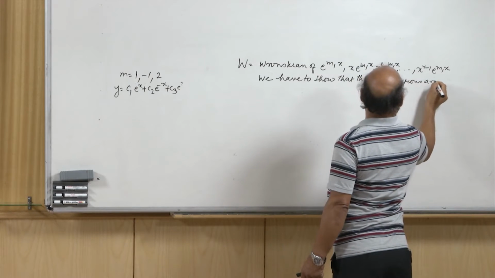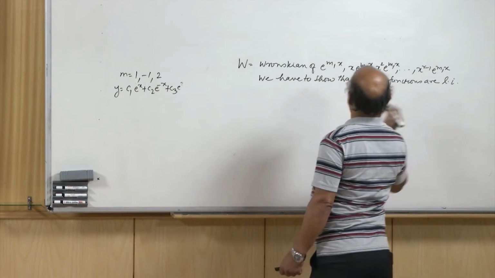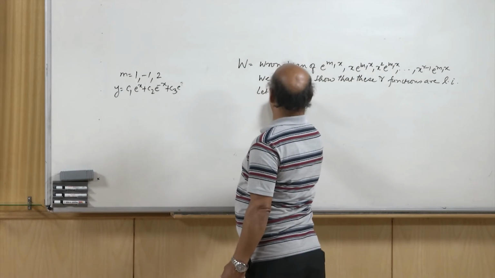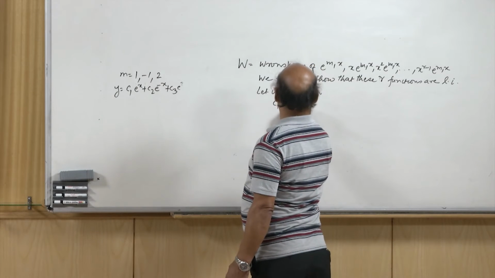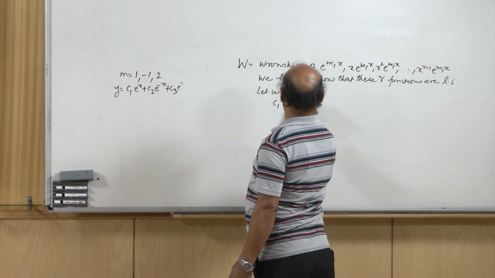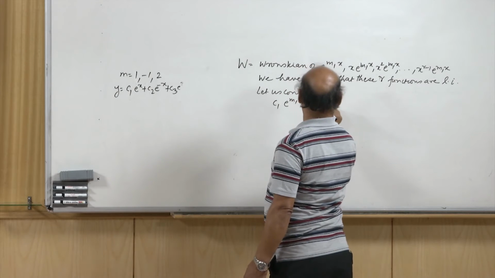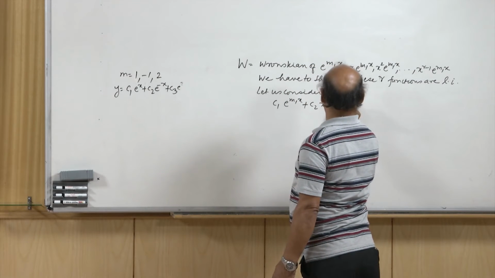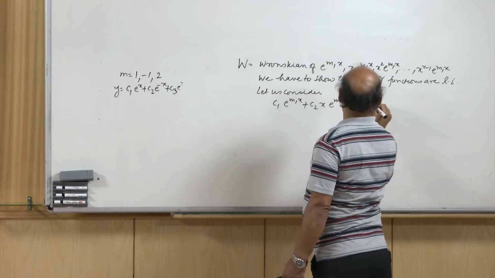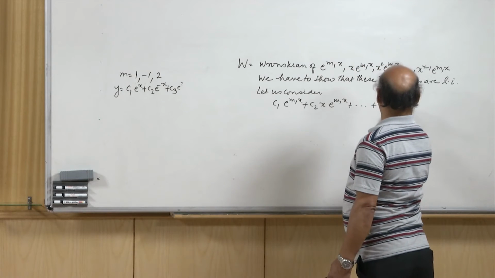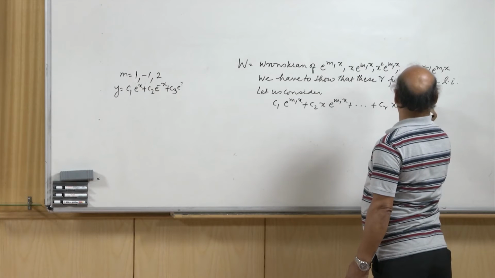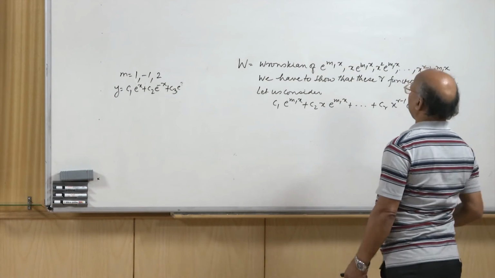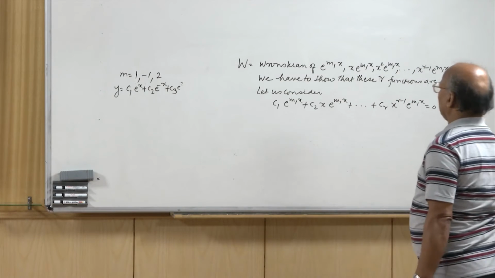So, let us consider their combination C1 e to the power m1 x, C2 x e to the power m1 x, and so on, Cr x to the power r minus 1 e to the power m1 x equal to 0. We have to prove that C1, C2, up to Cr are all zeros.